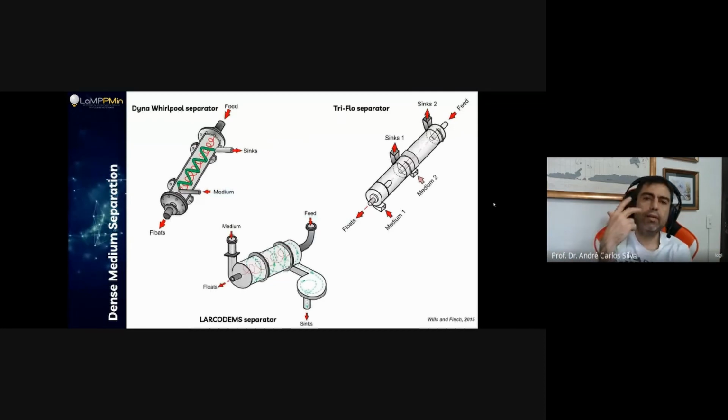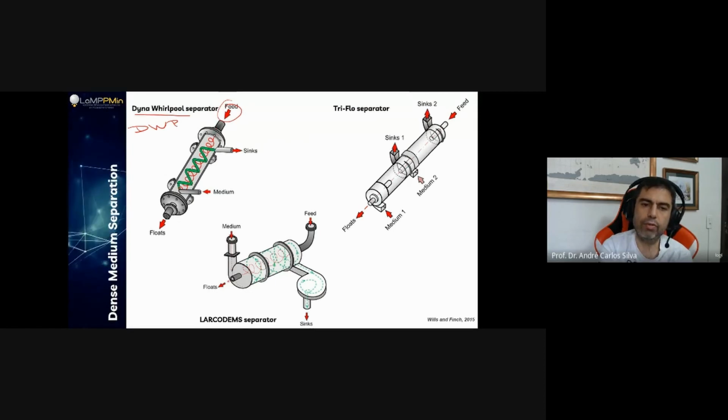And here I bring you 3 more machines. They are quite similar to the hydrocyclone, but they're not hydrocyclones at all. So let's start with the DWP, which stands for Dyna Whirlpool. If you saw something like this, DWP is this machine. So we put our feed in the center.